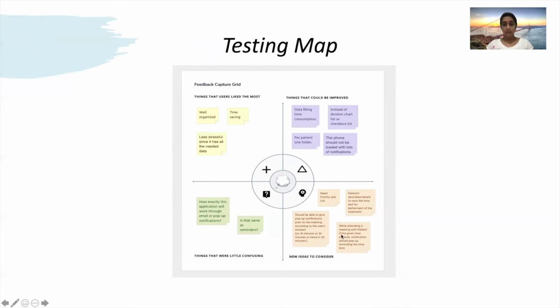Then if, while attending the meeting with the patient, the time is going over the assigned time, the application should give a notification or any kind of message that you need to wrap up, basically. So that was one of the main things that we needed to improve.